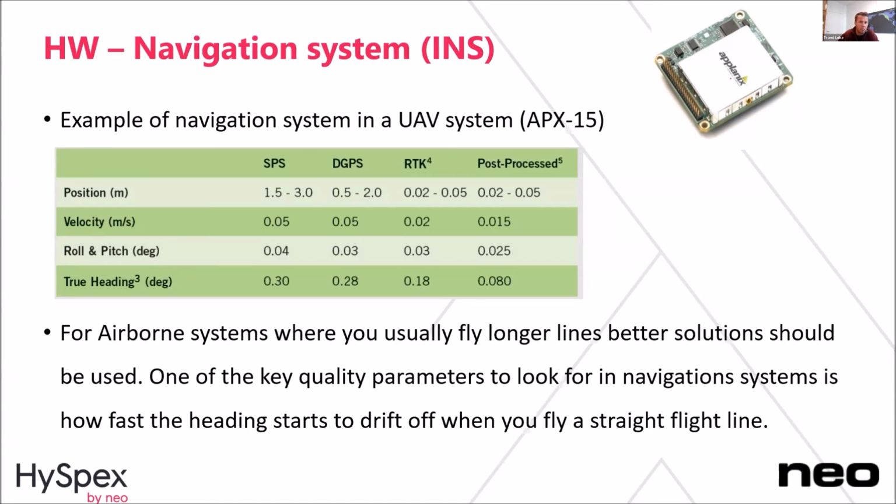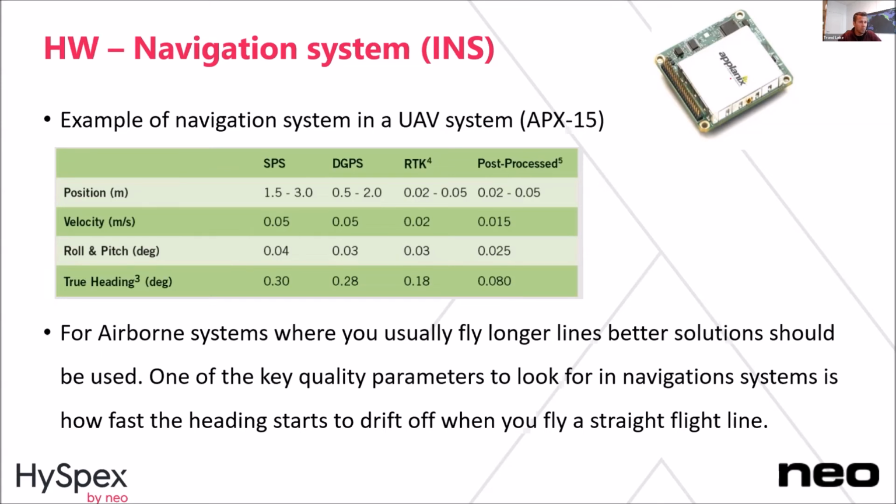You can get down to 2 to 5 centimeters in position, 0.025 degrees in roll and pitch, which is 1.2 pixels in VNIR and 0.6 pixels in SWIR, and 0.08 in heading. This is good because you can get it quickly aligned. It will be good for short flight lines, let's say less than 5 minutes, because then the heading doesn't drift off.